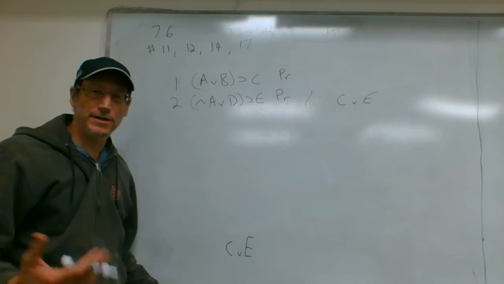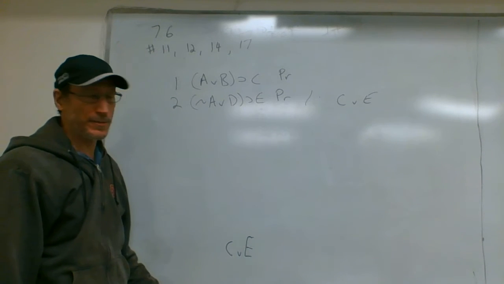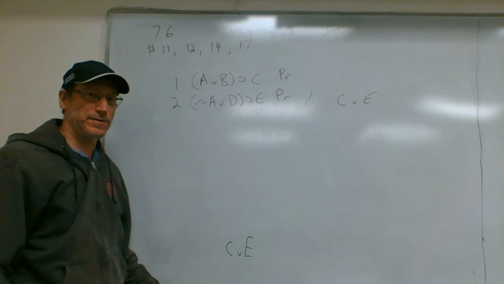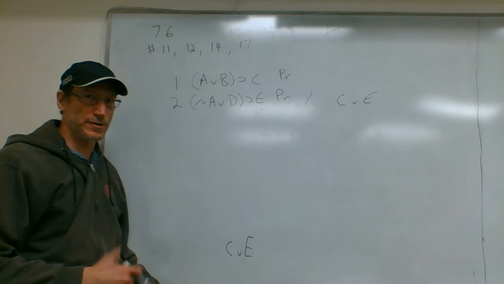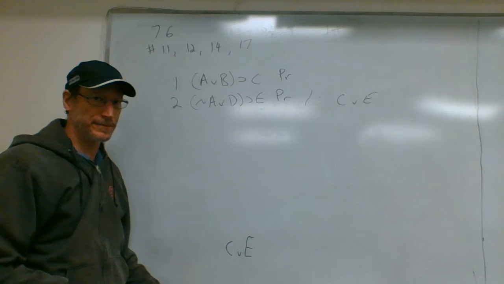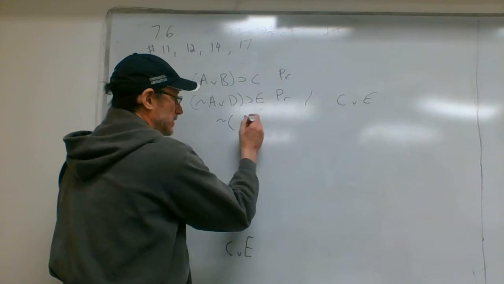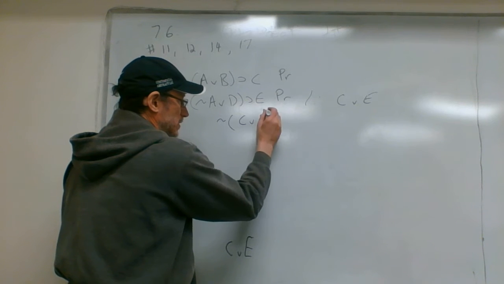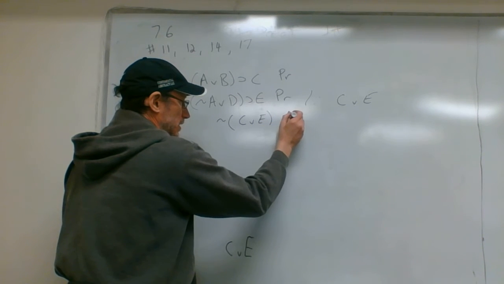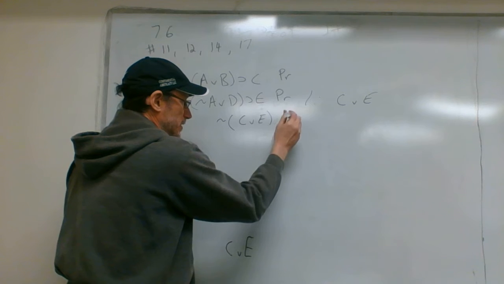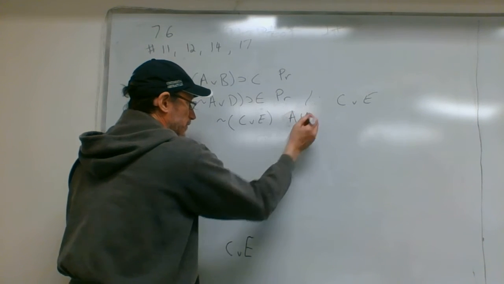So what I'm going to do is an indirect proof. And remember, the way indirect proof works is I'm going to assume the opposite of what I'm trying to prove and show that that leads to a contradiction. So here we go. I'll say not the entire conclusion, not C wedge E. This is going to be an assumption for indirect proof.